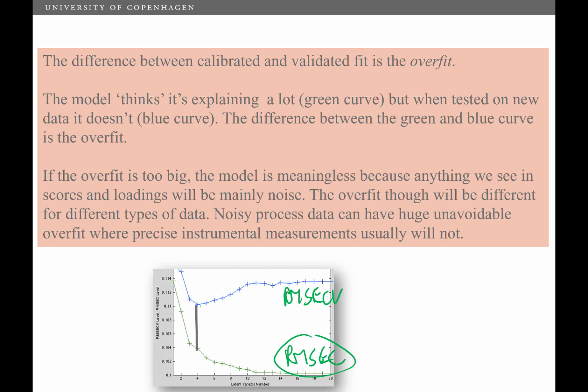And for example, if you see that there's a huge difference between the two, that is indicating that we have some sort of overfitting. The model thinks that it's doing a fine job, but in reality it's not. So that might be an issue that you may want to handle somehow. Could sometimes be a case calling for some sort of variable selection.